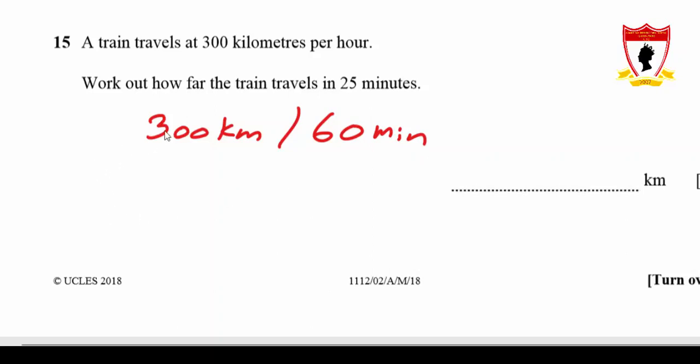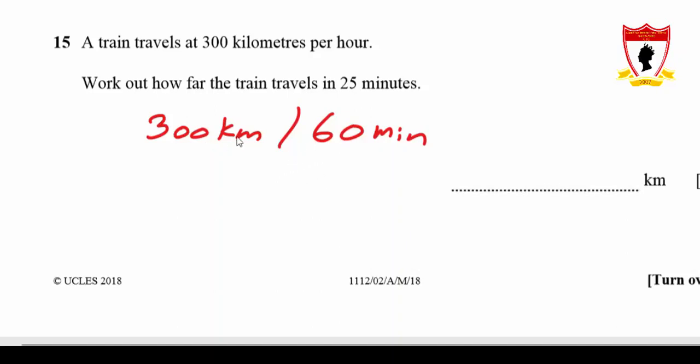Okay, how can we get 25 out of 60? If we get the distance in 5 minutes, we will be able to get 25, because when we get the 5 minutes, we multiply by 5, we'll get the 25.